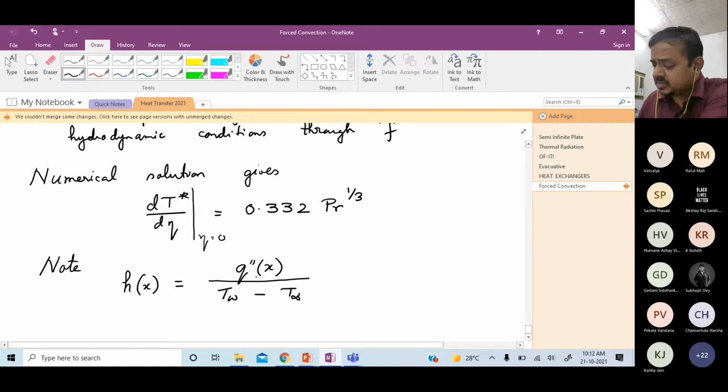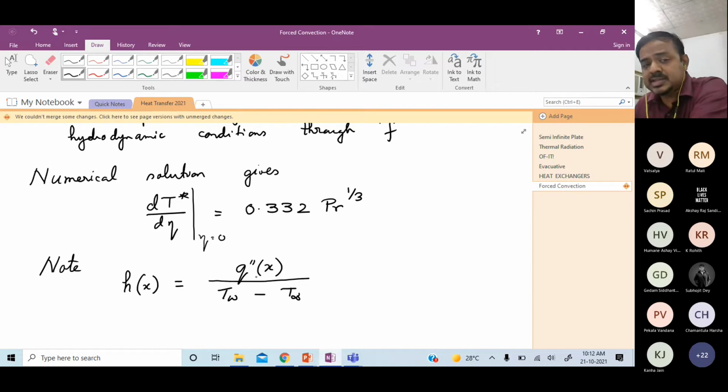What is q double prime x? q double prime x is minus k dT dy. Clear?